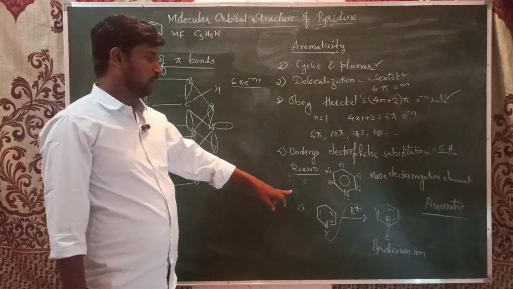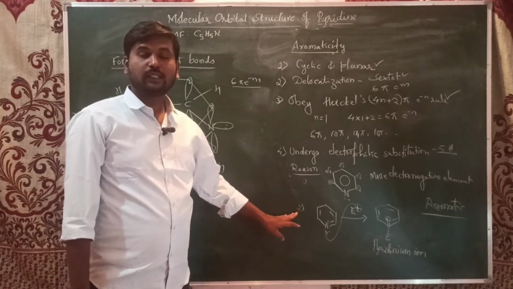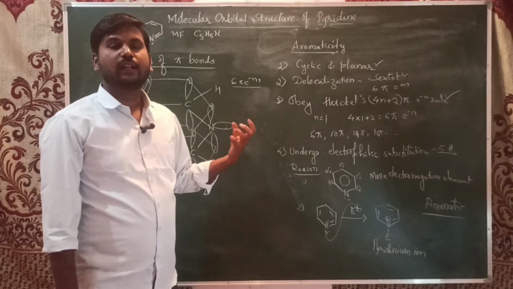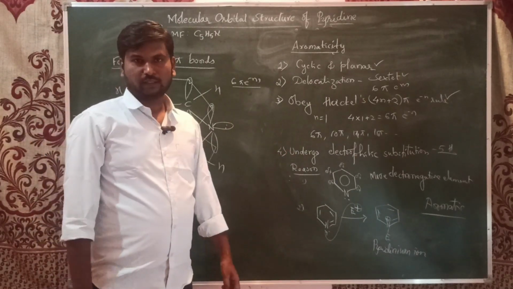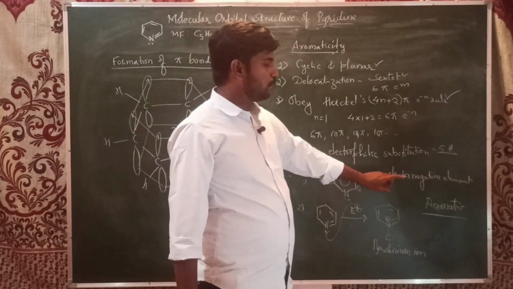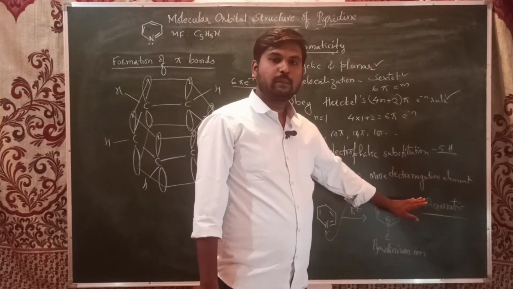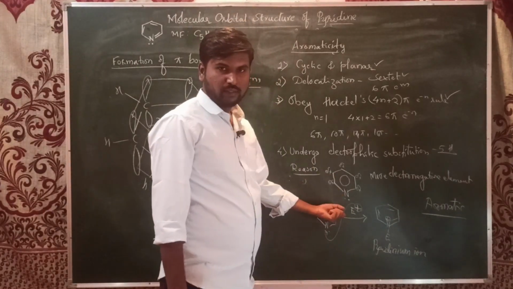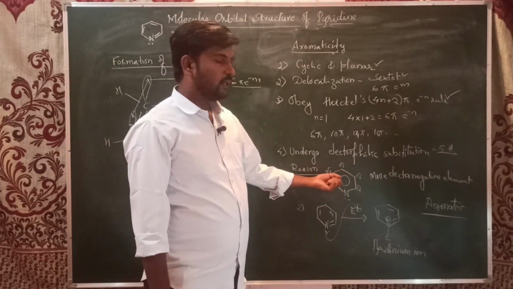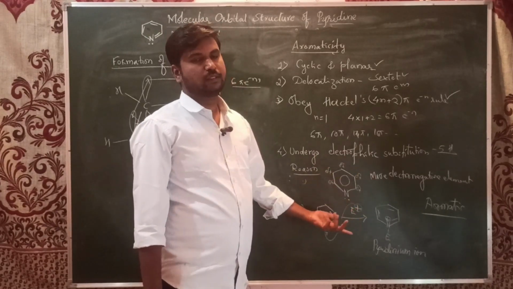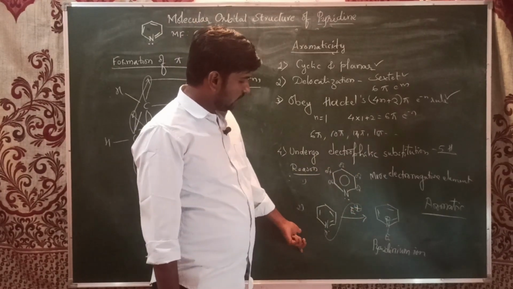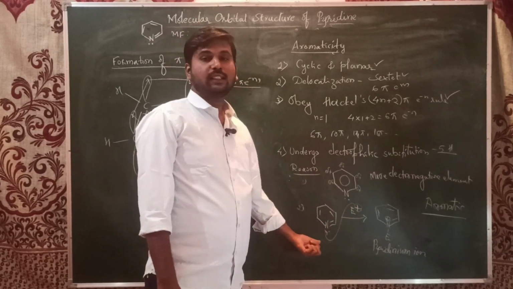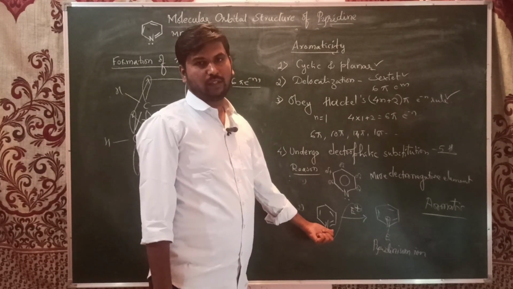But these are the two reasons which are most commonly asked in your exams. Why does pyridine not undergo electrophilic substitution reaction? The first reason is that nitrogen is a more electronegative element which pulls all the pi electrons towards itself, making it difficult to remove the hydrogens from the compound. And the second reason is that when the electrophile is introduced, it directly attacks the nitrogen because it is carrying a lone pair of electrons.